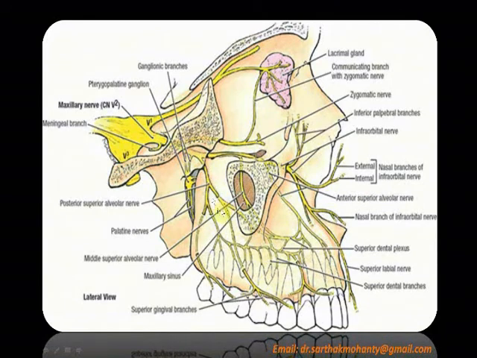Then in the infraorbital canal, it gives two branches: the middle superior alveolar and the anterior superior alveolar. Then in the face, it gives three branches: the palpebral branch, the nasal branch, and the superior labial branch.